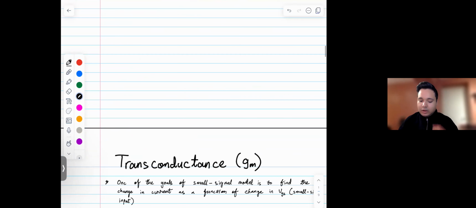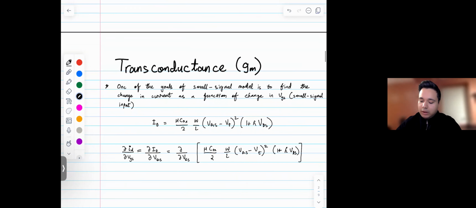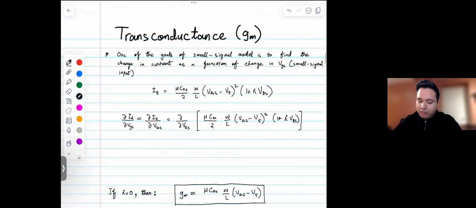So let's talk about some of the small signal parameters. The first one, and probably the most important one, is GM, which is the transconductance of a transistor. One of the goals of the small signal model is to see what kind of drain current change we would see for a small signal change in VGS.